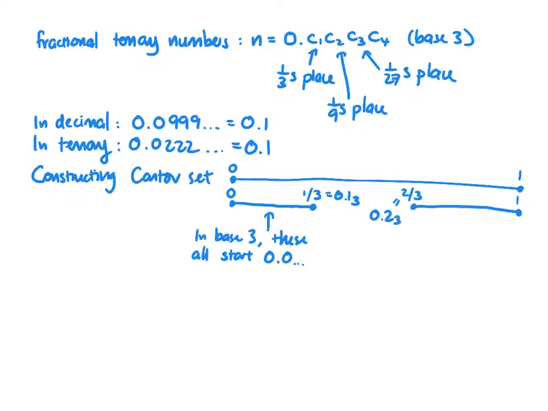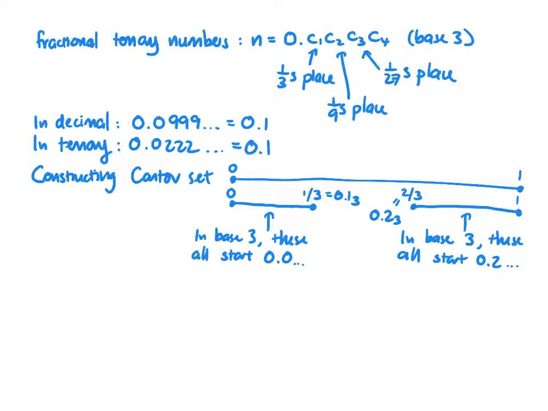base 3. Okay, and so that means that these numbers here all start with 0.2, and then there are digits that come after that. Okay, but what about in the second step?